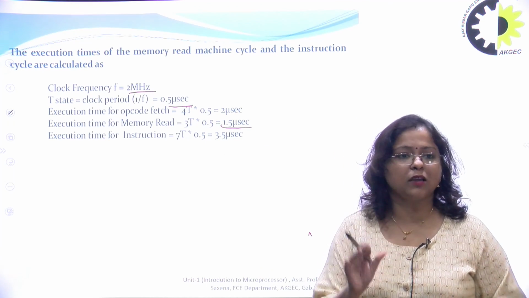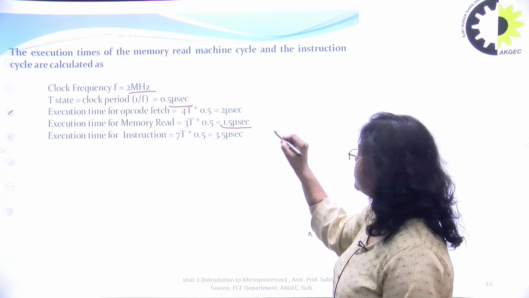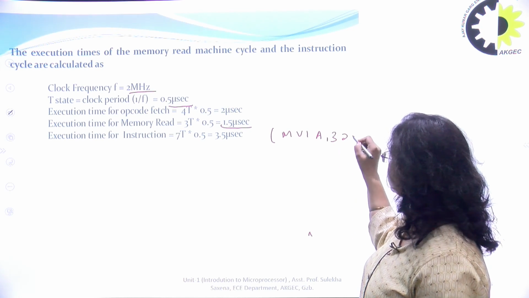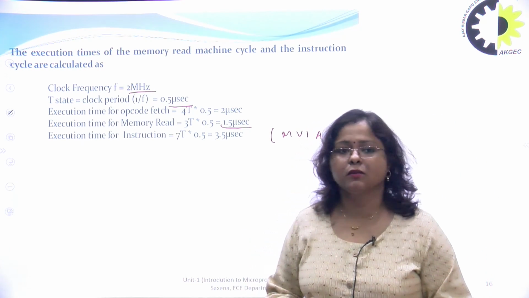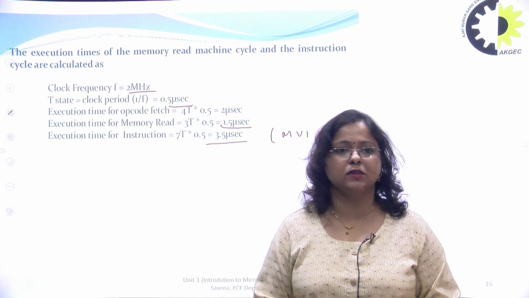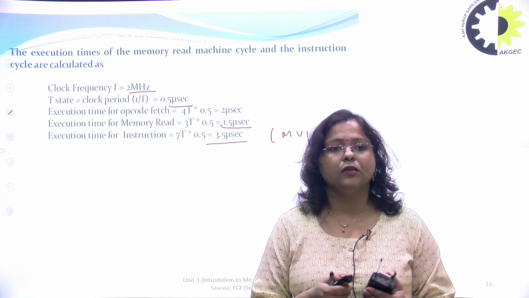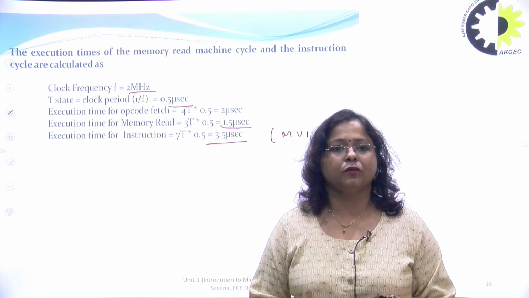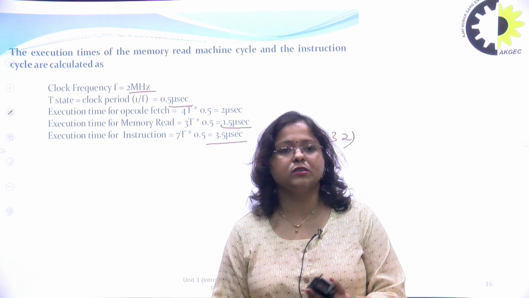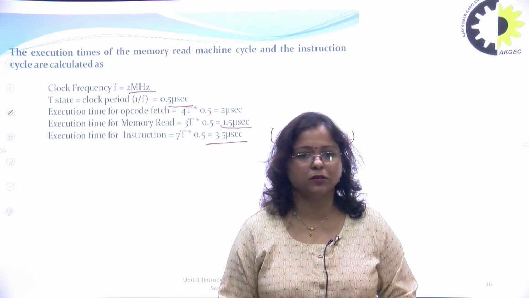And execution time for one instruction, MVI A, 32, that is 4 plus 3, 7 states, so 3.5 microseconds. By this example, we can easily calculate the execution time for any instruction based on each machine cycle involved in that particular instruction.